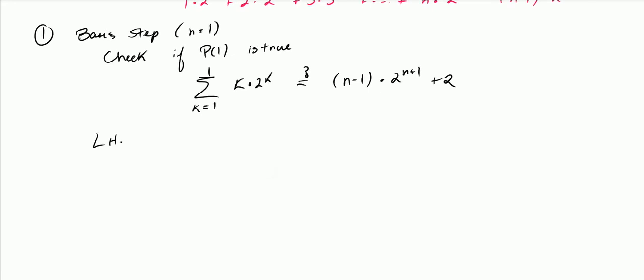So LHS is equal to sigma k equals 1 to 1 of k times 2 to the k, and that's just 1 times 2 to the 1, because that's my only element of the sum. So my LHS is just 2.